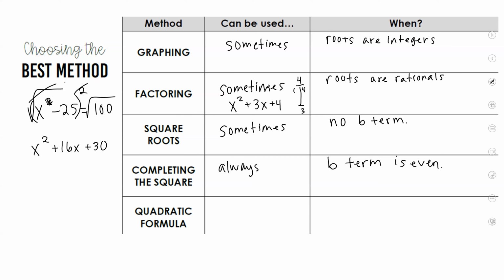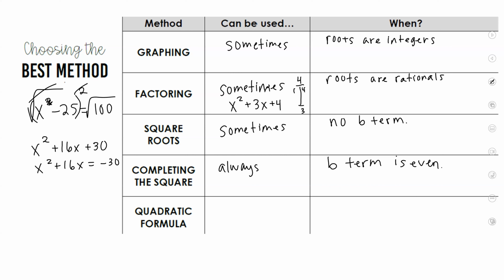And the first step was to move the 30 to the other side. So we would have x squared plus 16x equals negative 30. And then what we did was we took half of the b term and then squared it, right? So guys, what is half of 16? 8. And then you squared it and got 64, right?